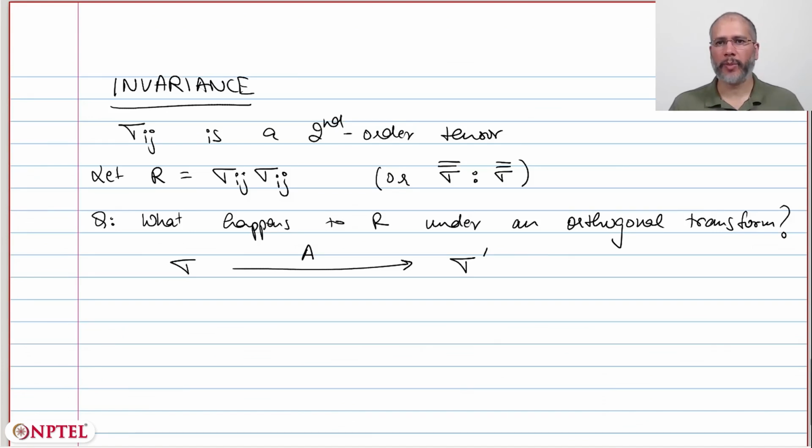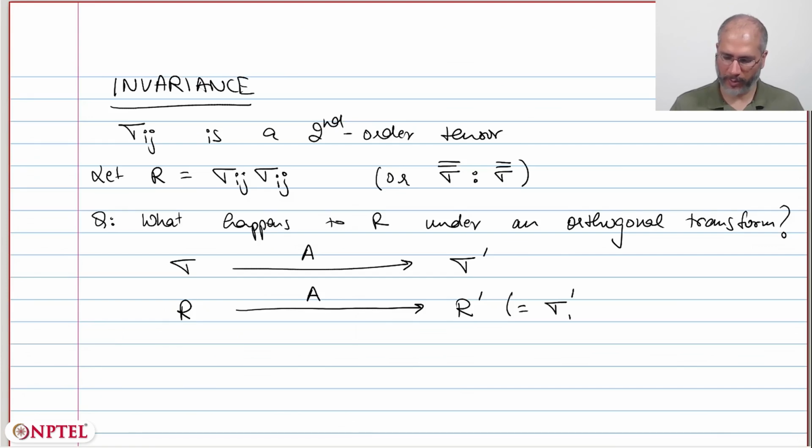So all 9 components may be different in the most general case. So what we're interested in is that we had defined a quantity R, which under the same coordinate transformation A will become R prime, which is basically defined as sigma prime ij times sigma prime ij. So the question is, what does R prime look like? Let's have a look.